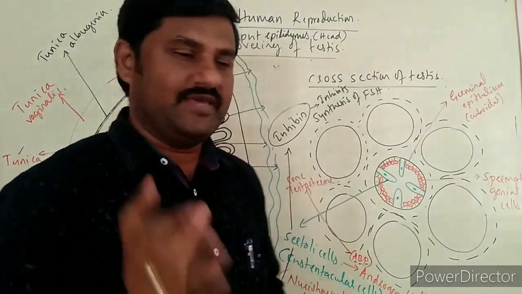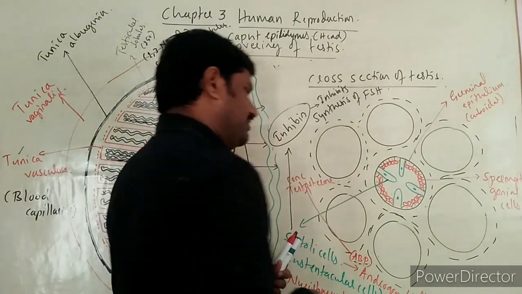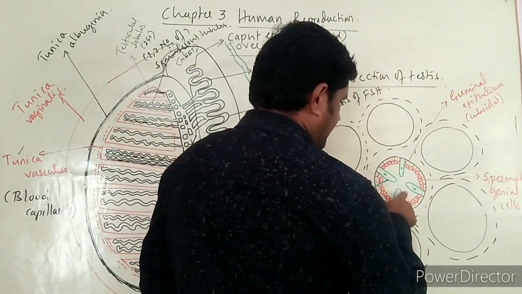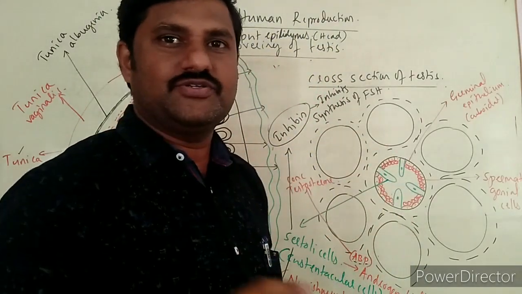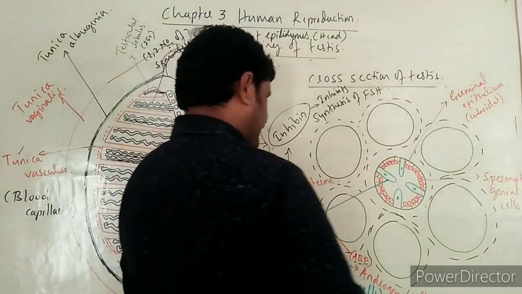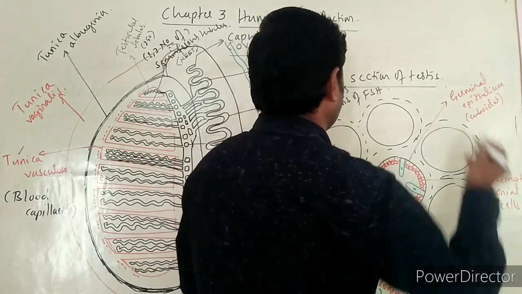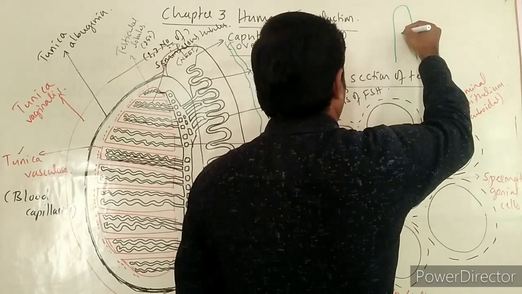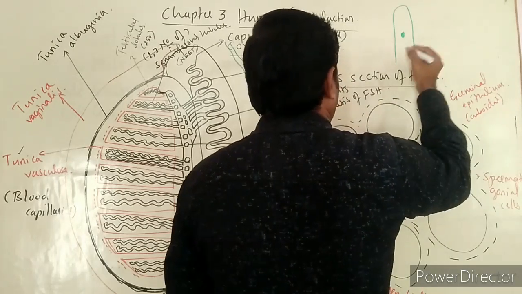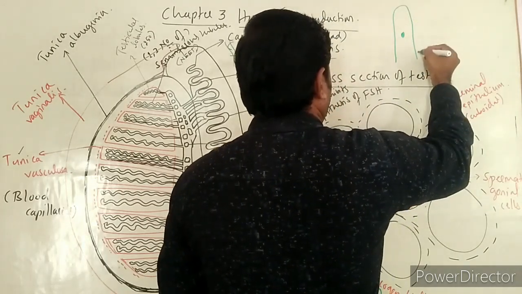I shall show the same thing. So usually it is produced on the wall of this Sertoli cell only. I shall show it very separately. So over here, drawing one Sertoli cell. This is one Sertoli cell and its nucleus, and this is the wall of the Sertoli cell.